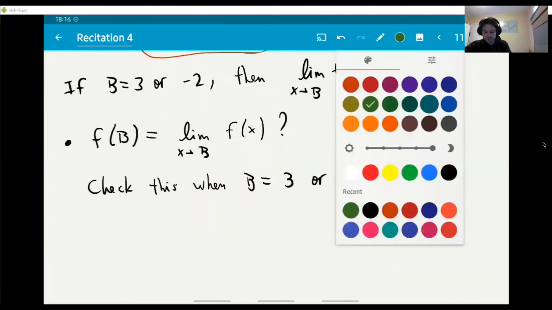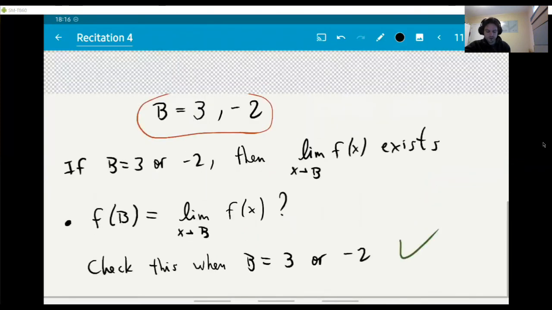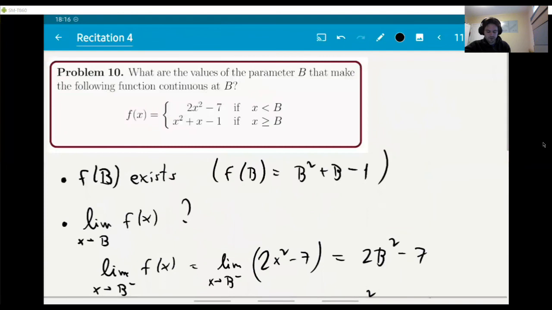So for example, if b is 3, we already found the value of f of b, b squared plus b minus 1. If b is 3, this is just 9 plus 3 minus 1.